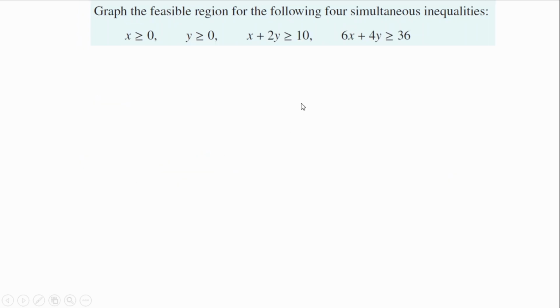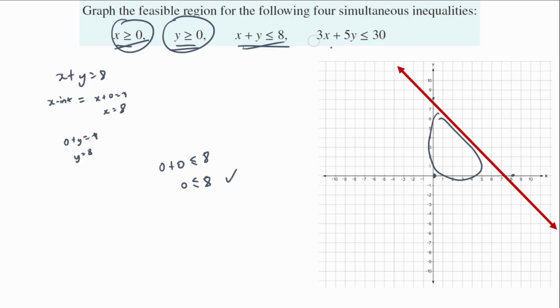And my next step is to graph this line here. So 3x plus 5y is smaller or equal to 30. So in this case, once again, I need to find the x-intercept and y-intercept, remembering y-intercept is when x equals 0 and x-intercept is when y equals 0. So let's start off with the x-intercept. That gives me 3x plus 5 times 0 is smaller or equal to 30. I'll just change that to equals.